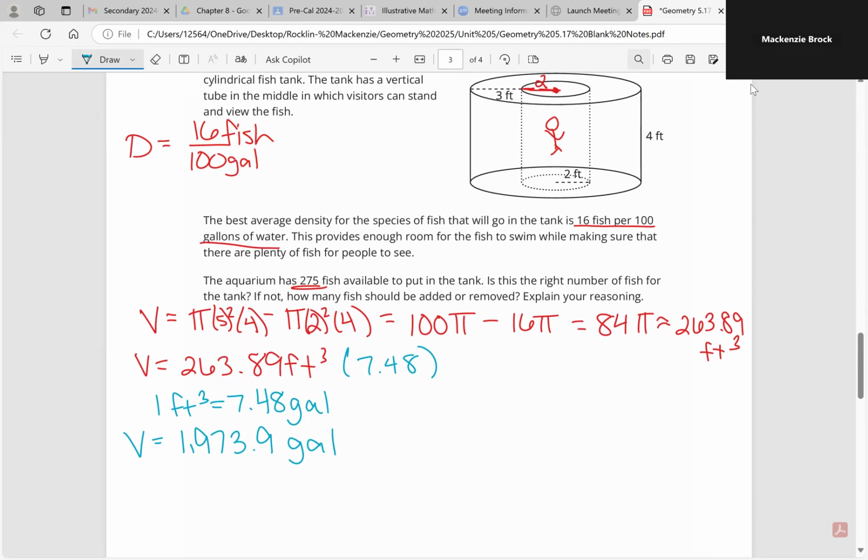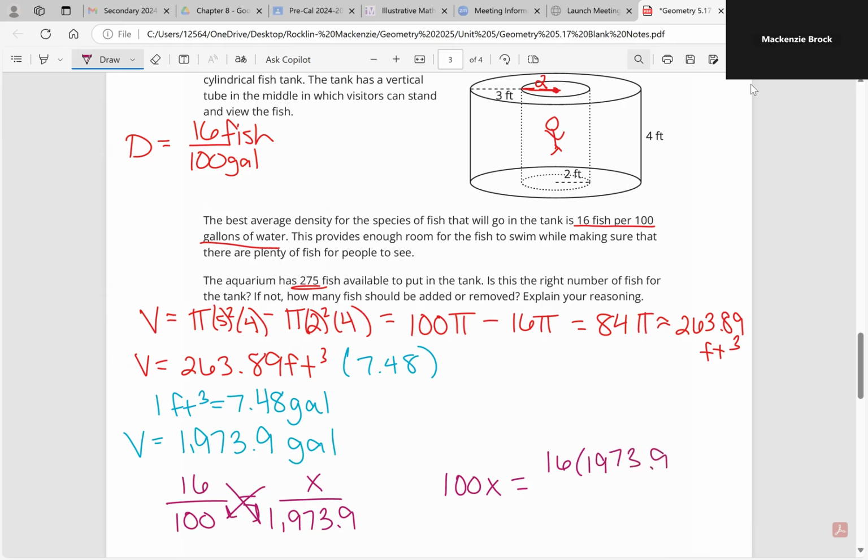Now let's see if that works for the amount of fish. The original ratio was 16 to 100. So I need to know how many fish go with 1,973.9 gallons. Cross multiply. 16 times 1973.9, then I'll divide by 100.